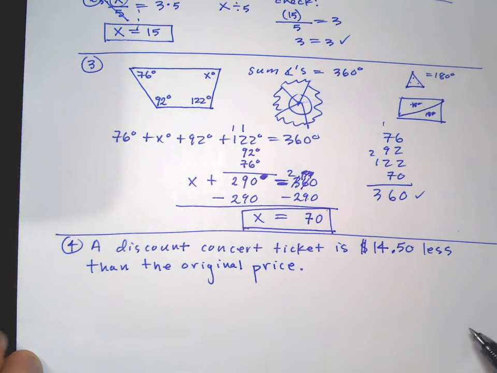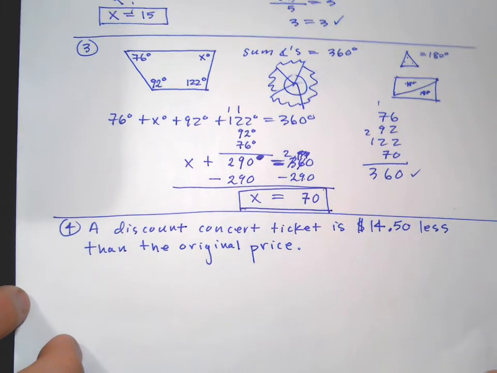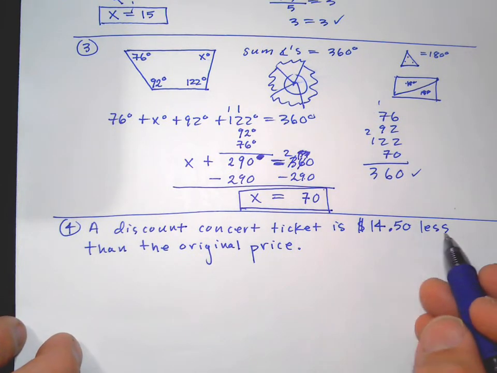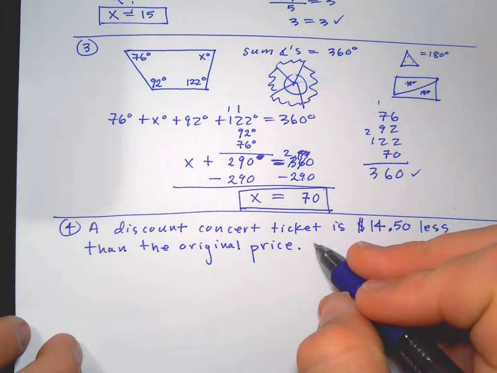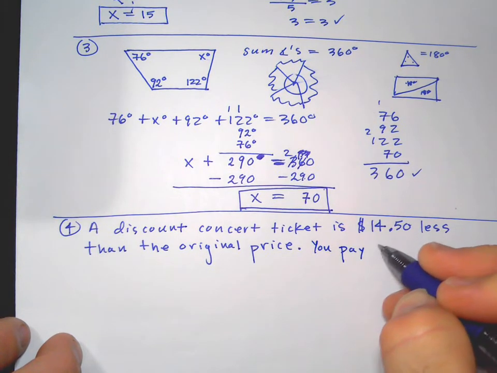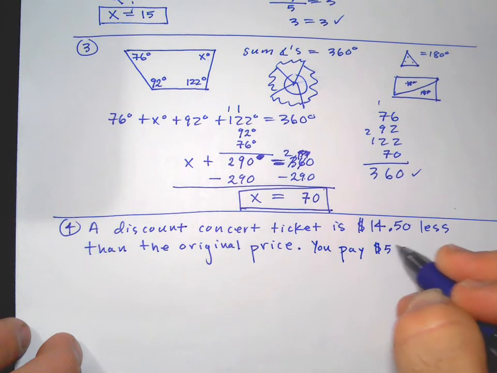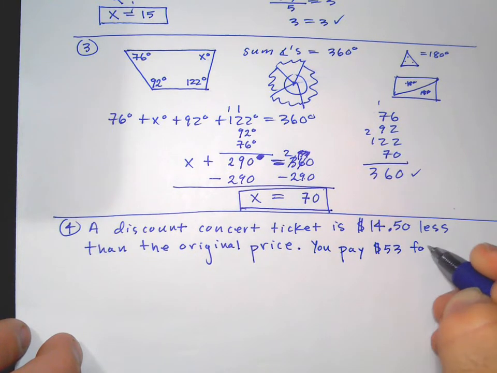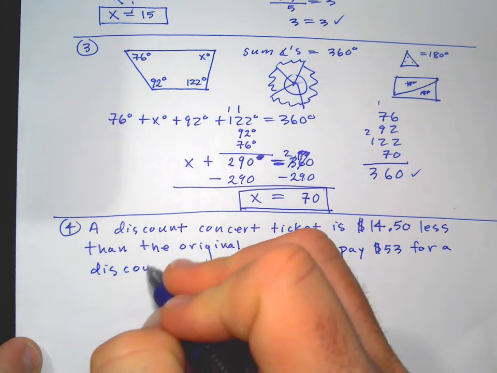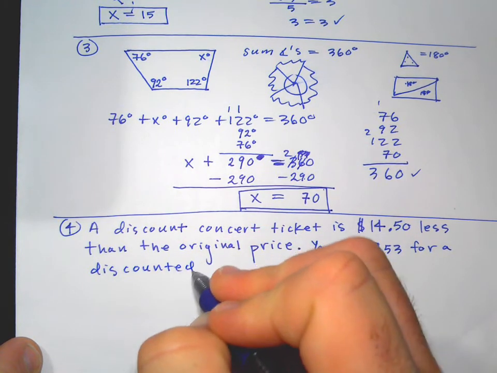Okay, if you need to, you could pause the video so you can write it down. So a discount concert ticket is $14.50 less than the original price. You pay $53 for a discounted ticket.